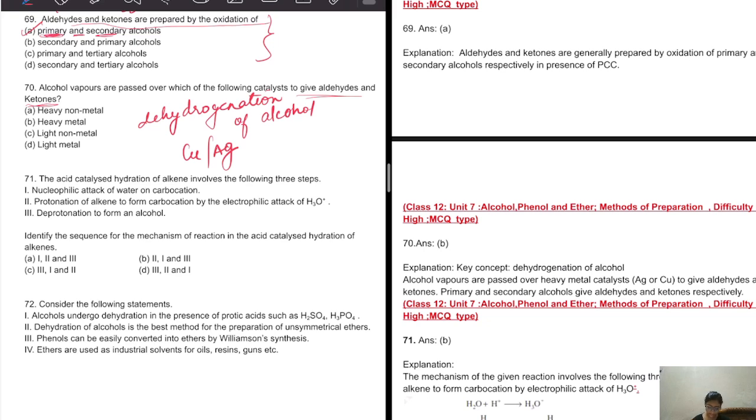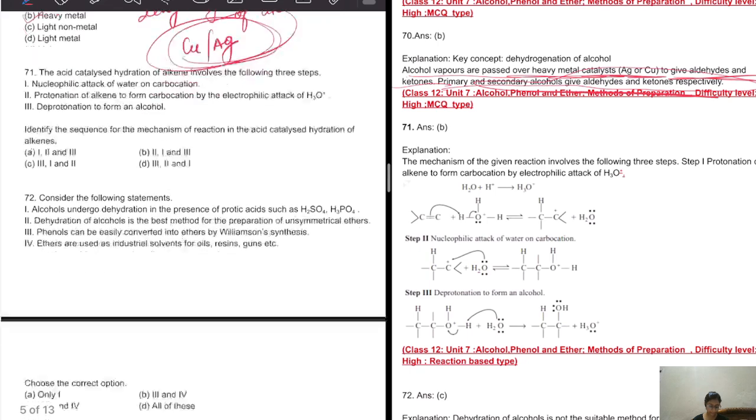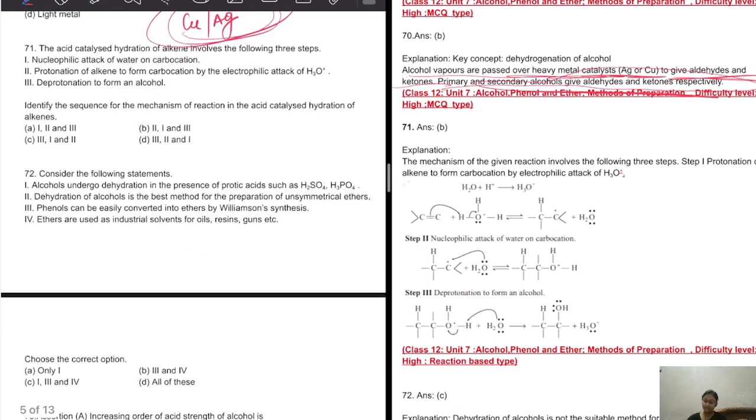Okay. So these are heavy metals. So the correct answer would be B. Alcohol vapors passed over heavy metal catalysts to give aldehydes and ketones. Primary and secondary alcohols give aldehydes and ketones respectively. This we saw in the last question. So let's see our next question.